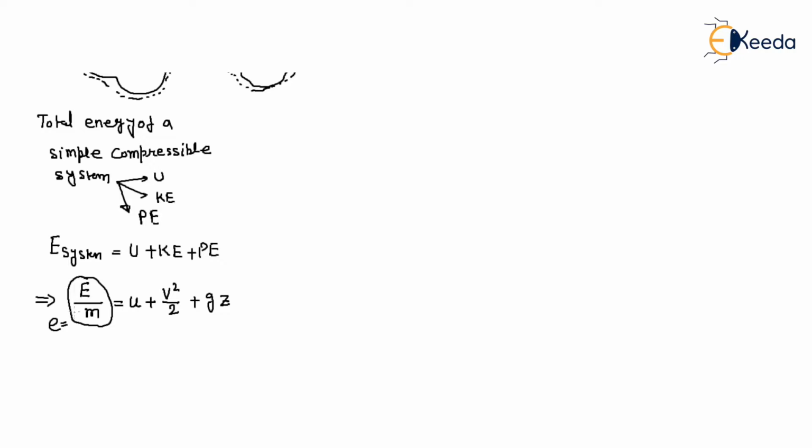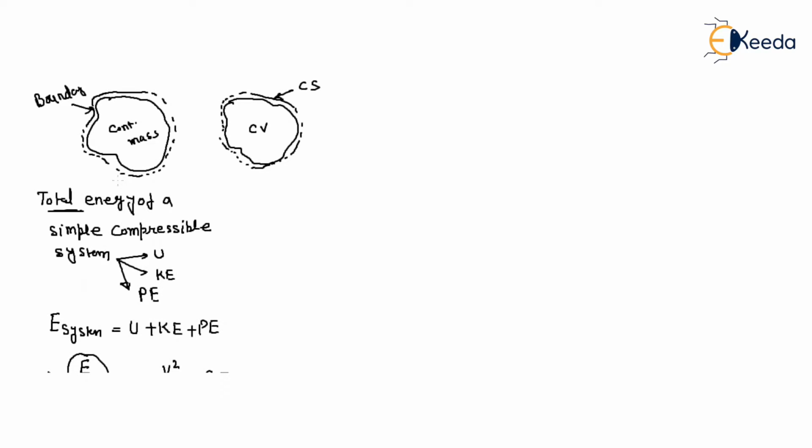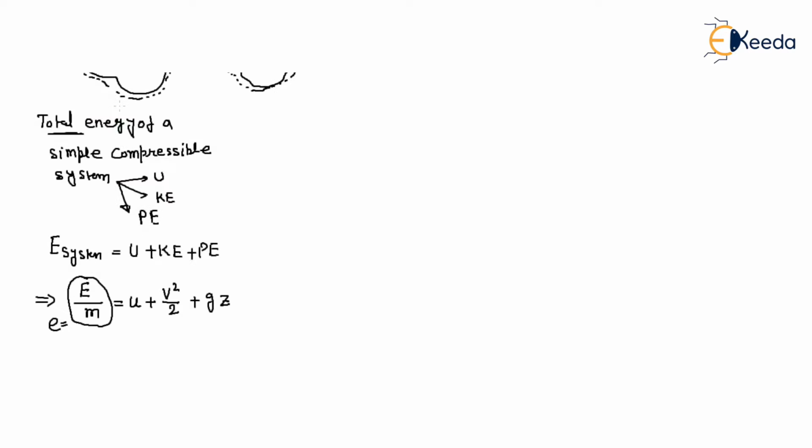This is the total energy of a simple compressible system. That means if you have a simple compressible system, that means a closed system, this much energy is associated with it.